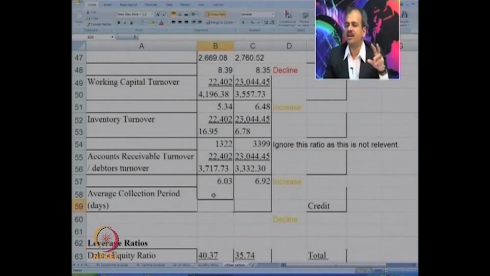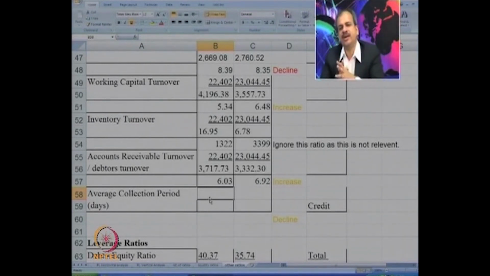Now, this is better understood if we convert it in terms of number of days. So, here what we try to do is, instead of taking sales upon debtors, we will do the reverse. We will take debtors upon sales.